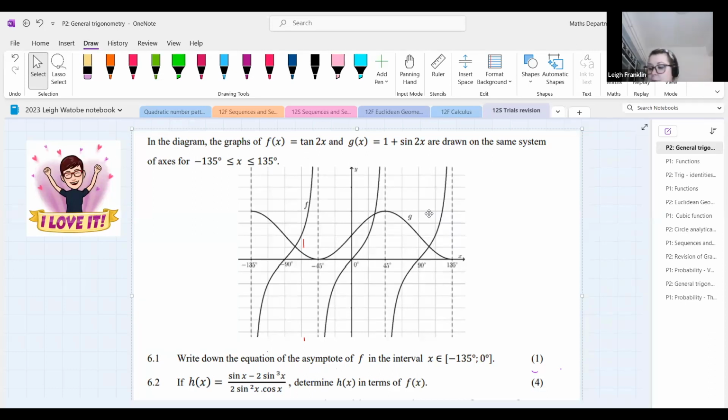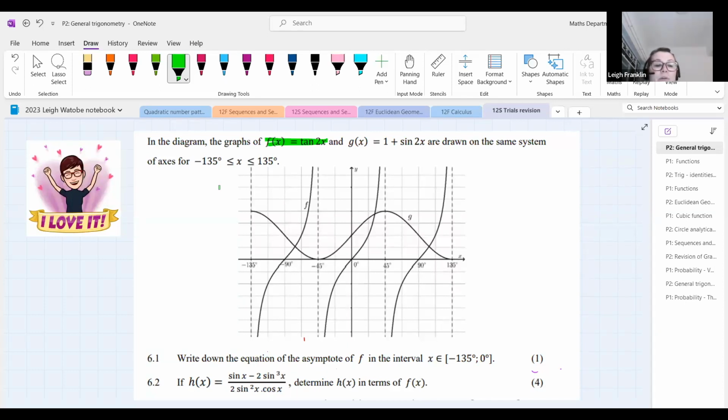Before we jump in and start answering the questions, what I want to ask you guys is, these graphs have been transformed in some way. This is not the graph of tan x, it's the graph of tan 2x. So what's changed from tan x to tan 2x?